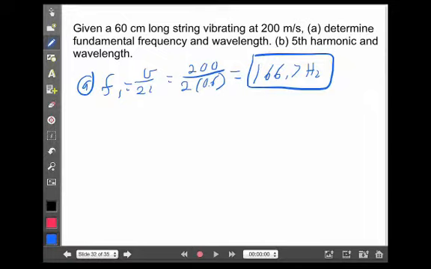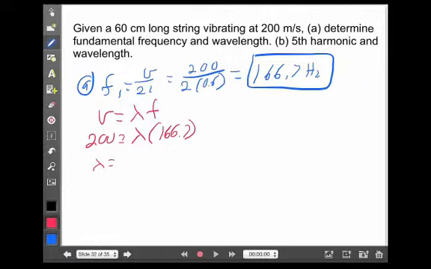Okay, now, how do I get the wavelength? Well, there's two ways you could do it. One is our good old-fashioned formula for waves, v equals lambda f. Again, the velocity is 200. The frequency, we just calculated, 166.7. And that gives us a wavelength of 1.2 meters.